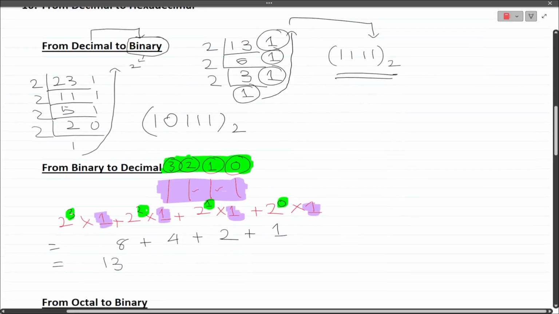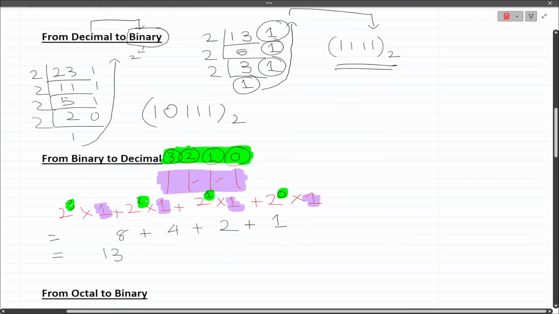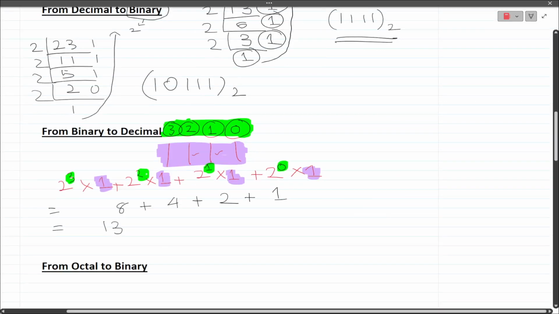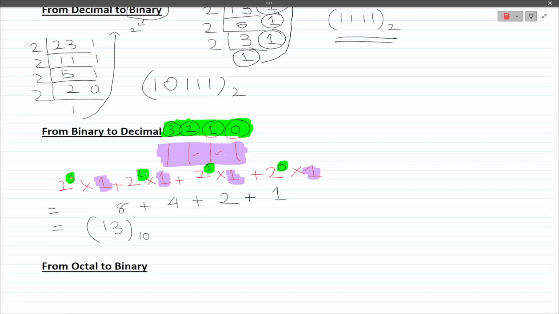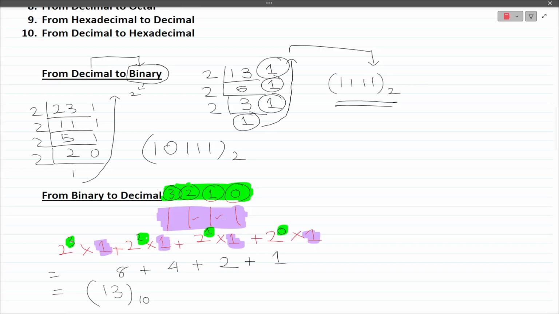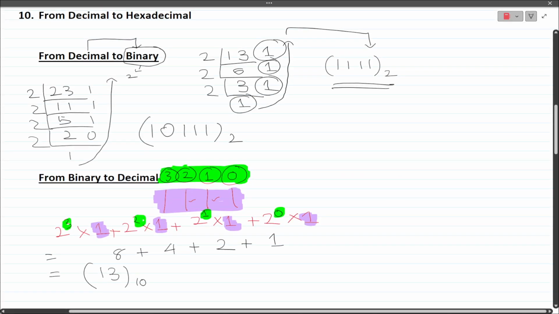I have taken the same thing and now I have converted it into decimal. Can you see? In both examples, we have got the same answer. Now representation is very much required. I will be representing it with base 10 because this is decimal, and as you can see I have represented the other with base 2. Now I am sure that you understand what I am doing, right?